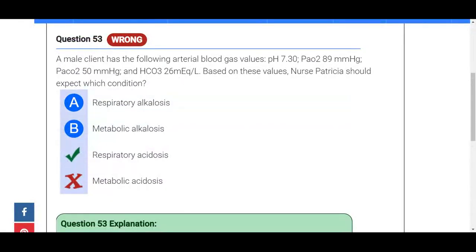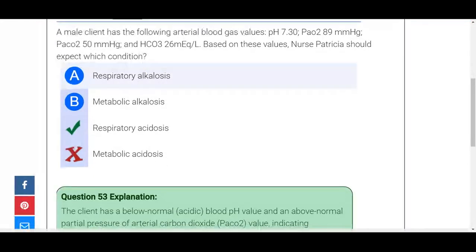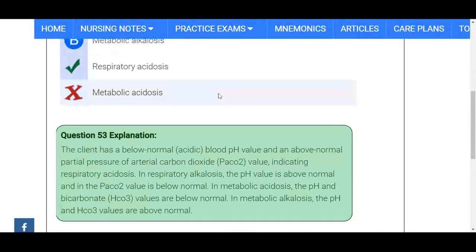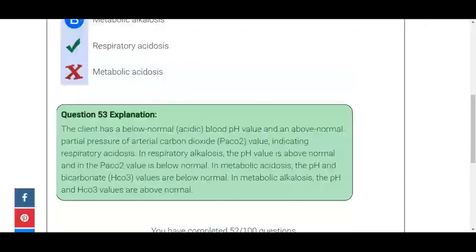This one is normal. So PaO2 normal range, 75 to 100. This one is 89. This one is 50. So it's below it actually. For respiratory acidosis.